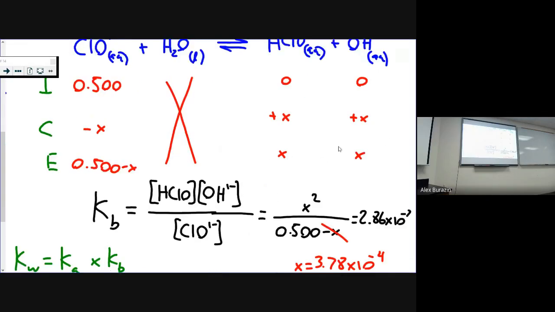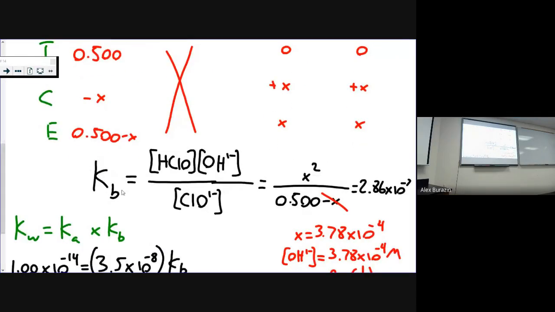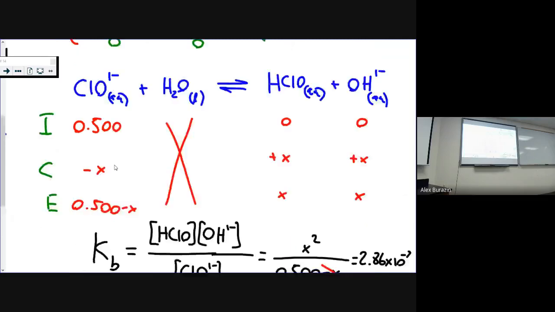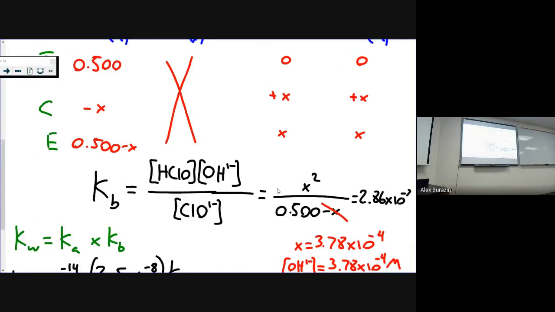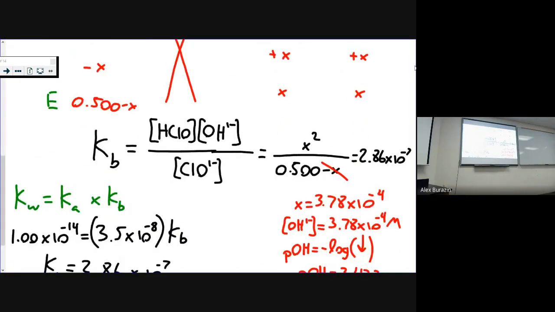Then I set up K. This is Kb, because the substance we're trying to analyze is a base. We plug in our x values from the equilibrium row of the ICE table into the equilibrium constant expression.